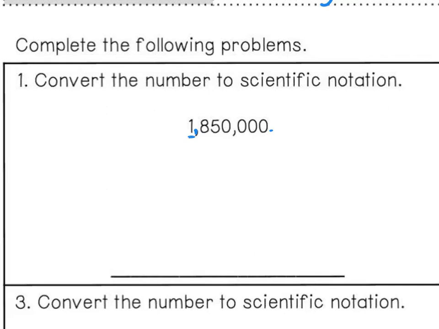So now we're going to count the number of spaces that we move the decimal. And it doesn't really matter if you start from the right and count left or if you count from the left to right, but your decimal always starts here, so you can just start there and move 1, 2, 3, 4, 5, 6. So we've moved 6 spaces, so that's going to be our power of 10.